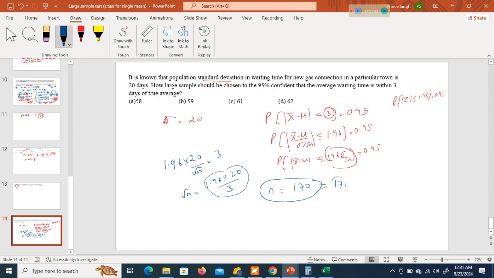I think there is a discrepancy in the options, so none of the options is correct here. The correct answer should be 171.